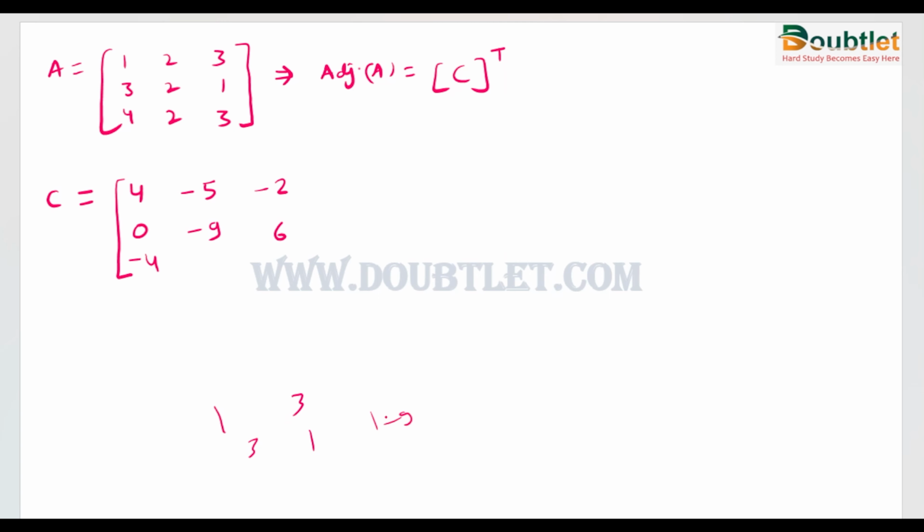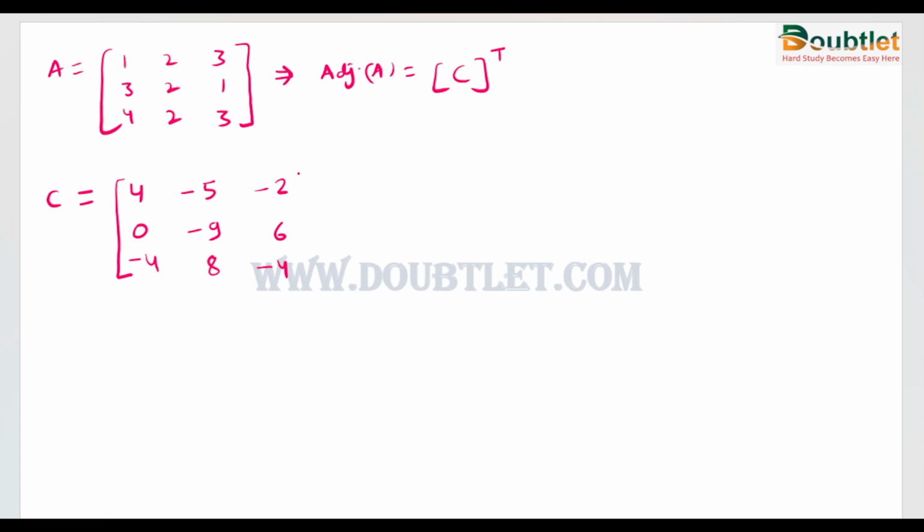So this will become 1 minus 9, which is minus 8, and minus 8 will be multiplied by the minus sign, so it will become 8. Now the last element: we have to cancel out this row and this column. We will get 1, 2, 3, 2. So this will become 2 minus 6, which is minus 4. So we write the last element as minus 4.